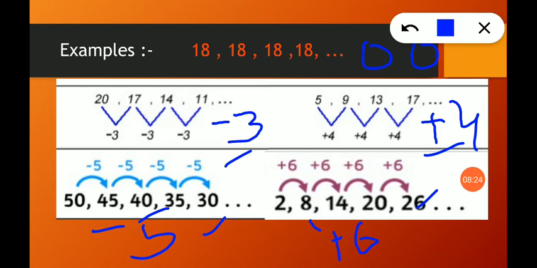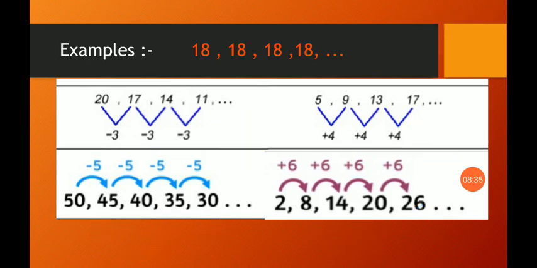Sometimes it is constant by adding 0, sometimes it is an increasing list by adding a positive number, and sometimes it is a decreasing list by adding negative numbers. I hope this much is clear to you, that we can add any numbers according to our wish and it becomes an AP.